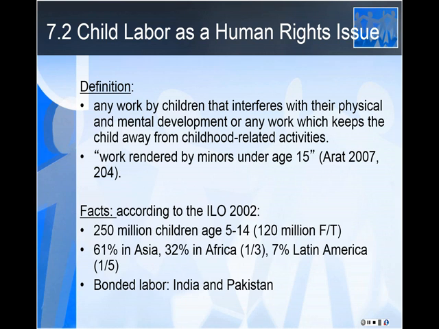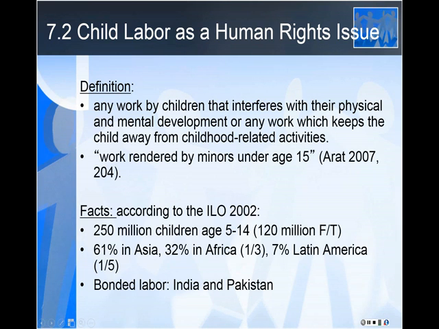There are certain facts according to the International Labor Organization. Of course, this data is a little bit old, but there were at least 250 million children working as child laborers, with 120 million of them working full-time. And you can see this is predominantly the majority in Asia, followed by Africa.